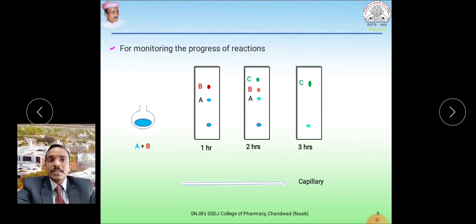So we can say this new method which we have developed in the laboratory completes the reaction in 3 hours. So likewise we can monitor the progress and completion of a reaction.